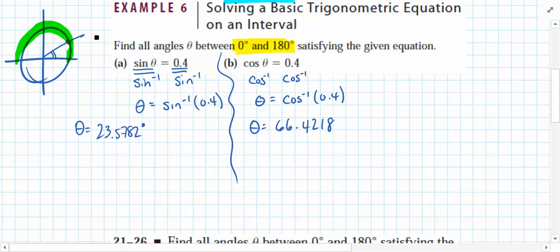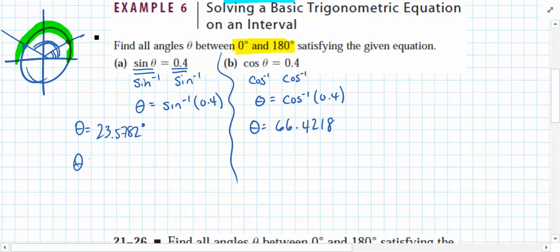If I look to the left in the second quadrant, there would be another angle measured out to here that also has a y value coordinate of 0.4. Interestingly enough, this angle measure here, when measured from the positive x-axis to this point, is the supplement to this angle measure. Those two will add up to equal 180 degrees.